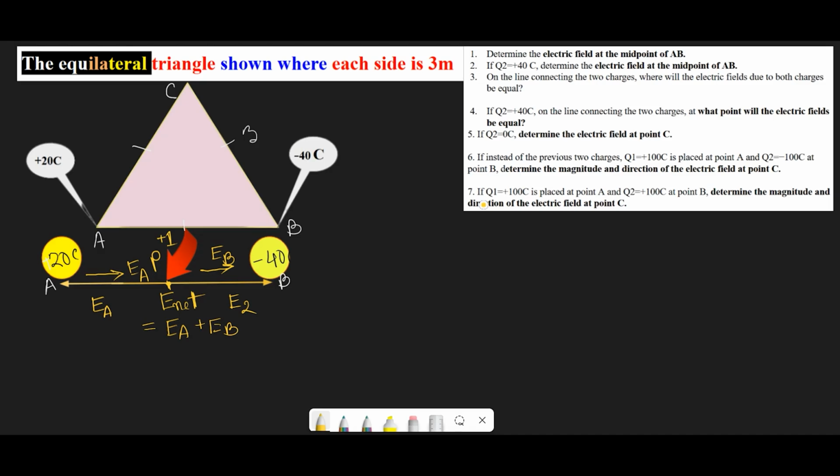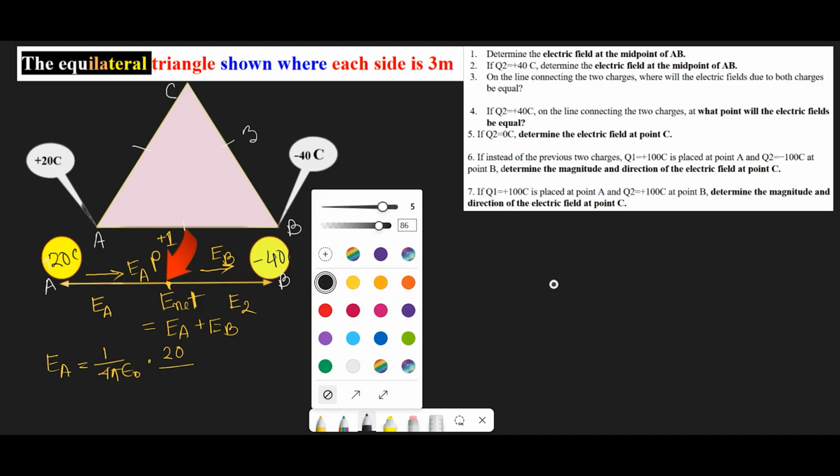So now we have to calculate the value of EA. EA equals the constant 1 by 4 pi epsilon naught. Obviously, all the charges are in vacuum. It means 1 by 4 pi epsilon naught, and the charge is 20 coulomb. So it will be 20 over the distance. Okay, so the total distance is 3 meters, right?